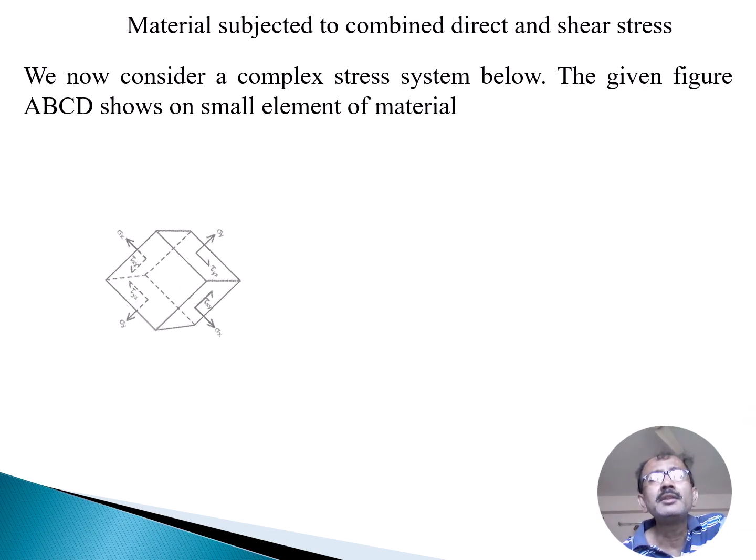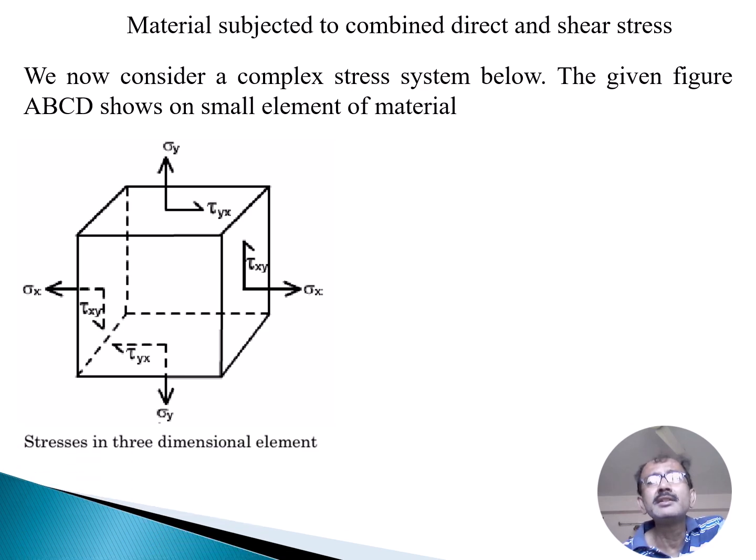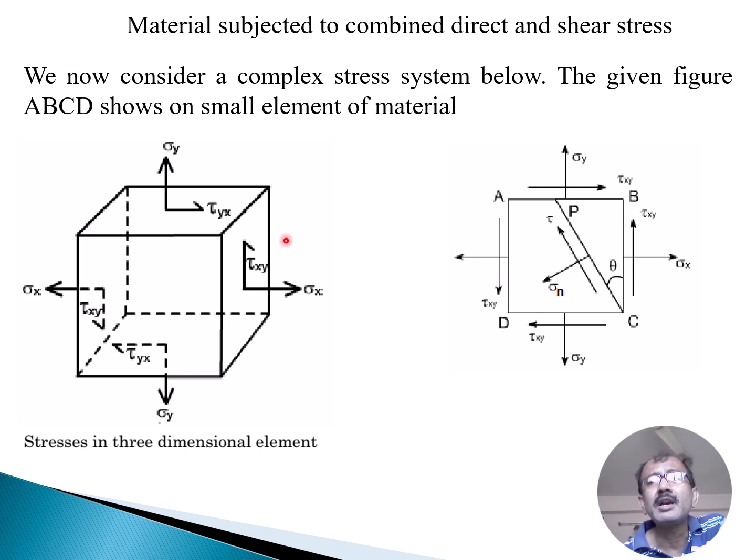Now the material is subjected to combined direct and shear stress. If you see the diagram, this is the three-dimensional view, and if we cut that element, the ABCD part, on it is the normal stress, this is the shear stress, and this is the angle theta. Each plane carries these stresses, one direct stress and another shear stress.